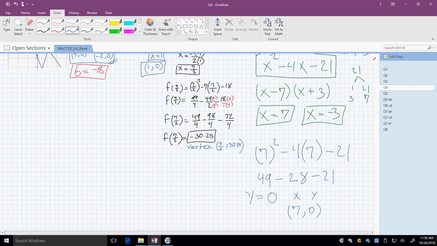Did you graph it? My A was 1, the number that's in front of my x squared. My B is 2. My C is negative 1. Follow me on that.